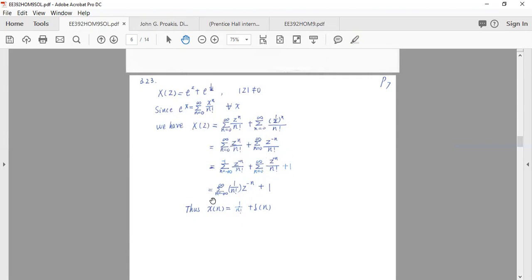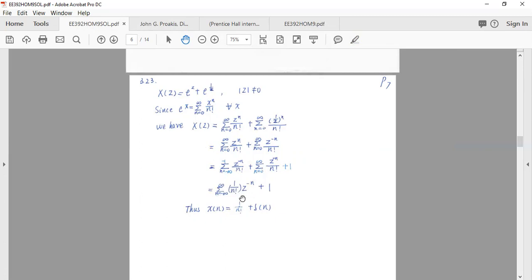And further simplifying, we get summation from negative infinity to infinity of 1 upon n factorial multiplied by z to the power of negative n, plus 1, which is equivalent to the inverse Z transform of this, right? The inverse Z transform of 1 is just going to be delta n, right?